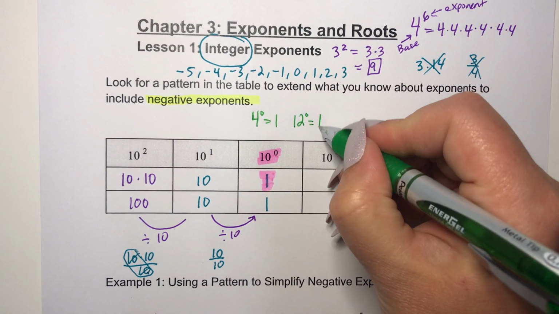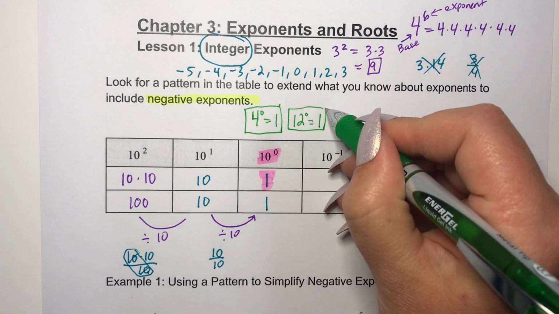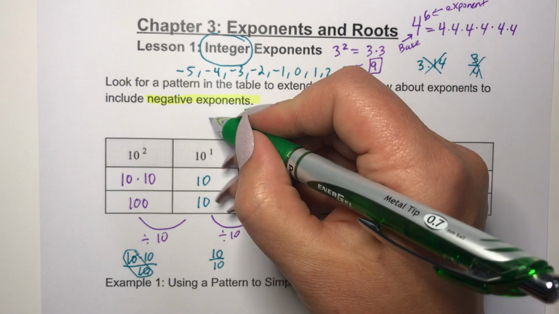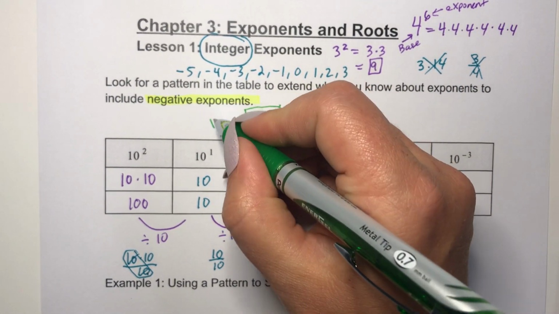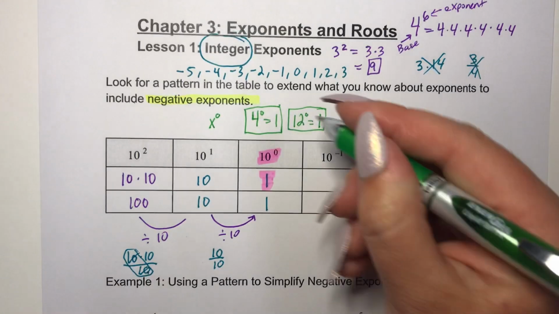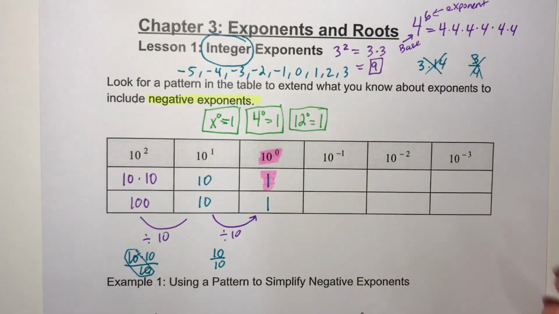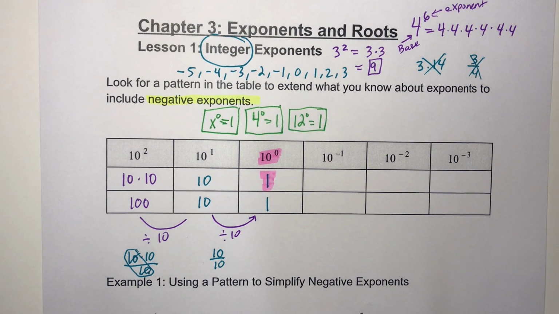The answer is 1. So anything to the 0 power is 1. How about a variable? Ooh, let's get fancy. Let's say x to the 0 power. Guess what it is? Drum roll! It's equal to 1. So anything to the 0 power is always equal to 1.